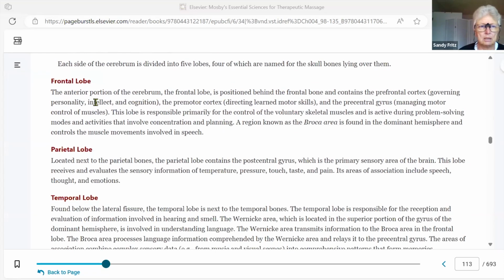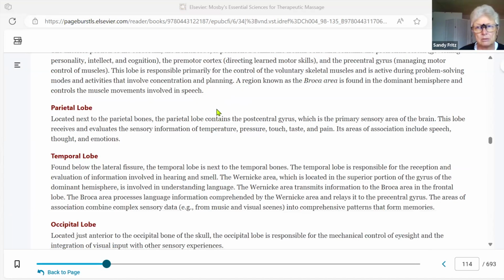And again, likely not to have a lot of questions on the MBLEX exam about frontal lobe, parietal lobe, but there might be something related to a person has had an injury that affected the temporal lobe. What might that affect?